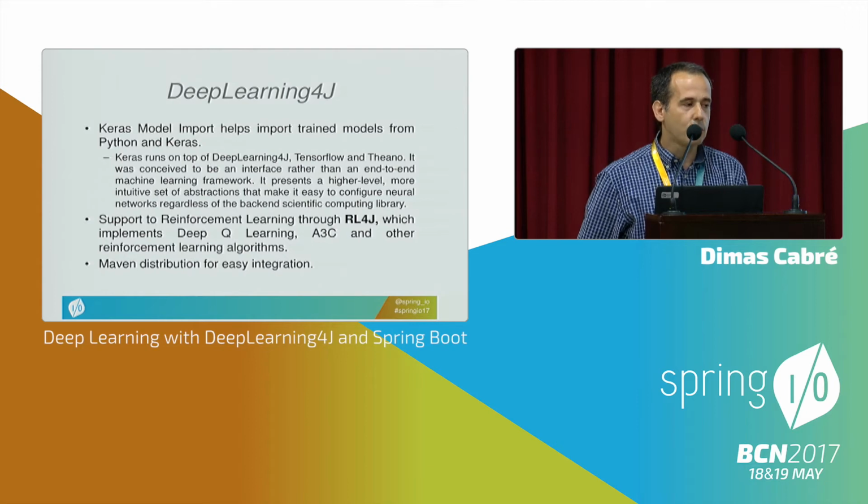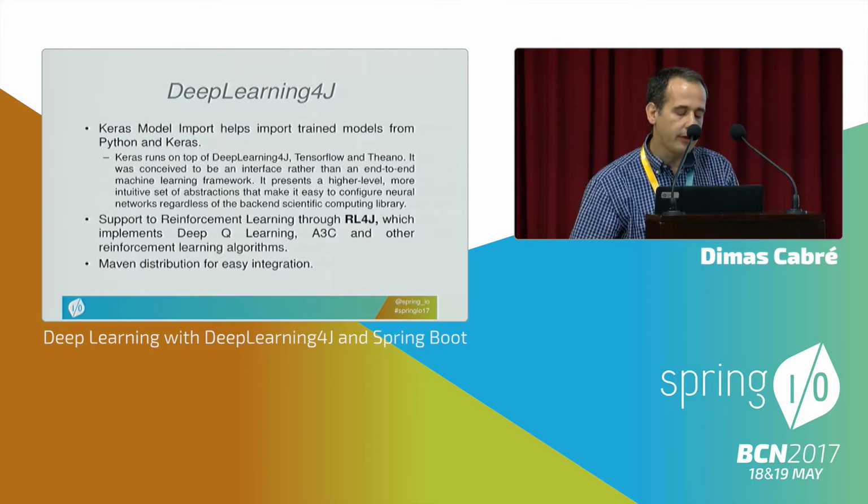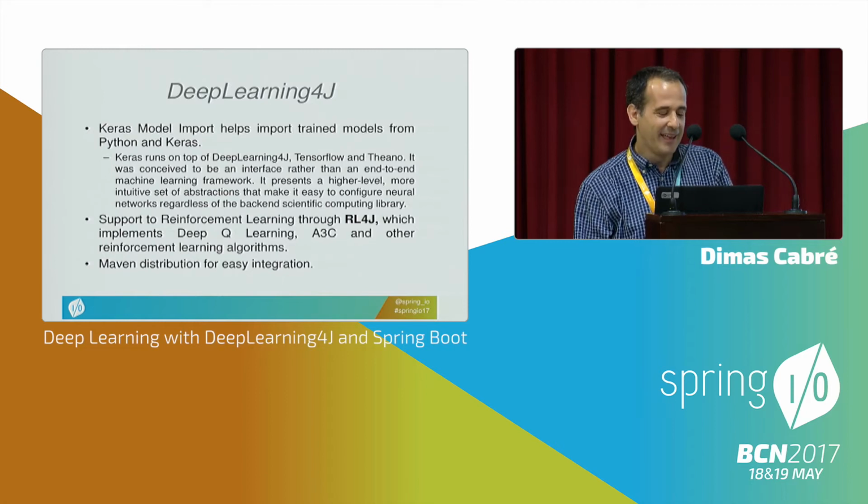I think Artur didn't talk more about reinforcement learning. I'm not going to talk about it, but one nice thing about DeepLearning4J is that it supports, with another component called RL4J, working in a very powerful way with reinforcement learning. I guess we will probably talk a little bit about reinforcement learning; Artur is kind enough to do it.